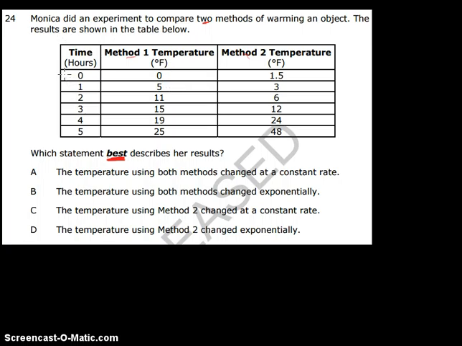So as you can see, the time is increasing by 1 from 0 to 1, 1 to 2, 2 to 3, 3 to 4, and 4 to 5. So the increment is by 1 hour.